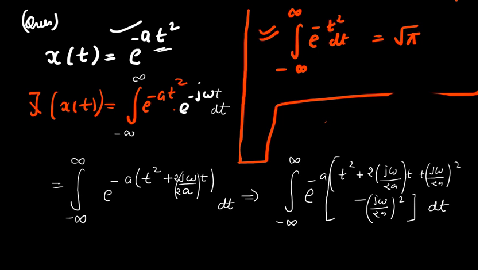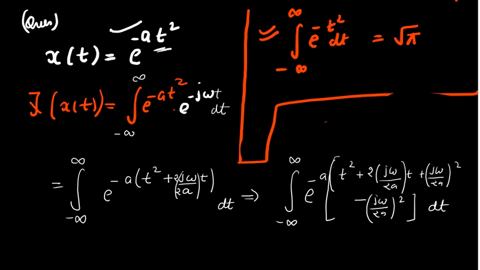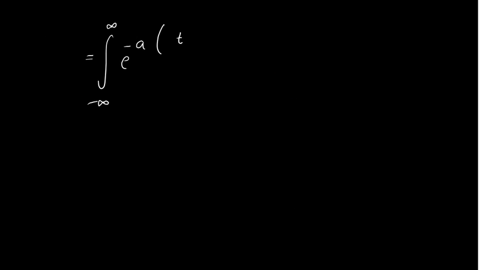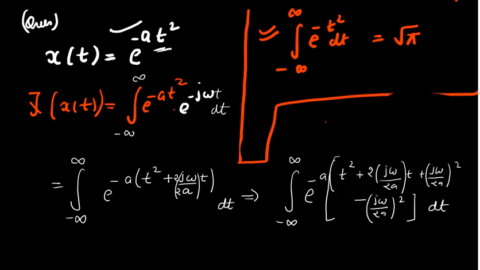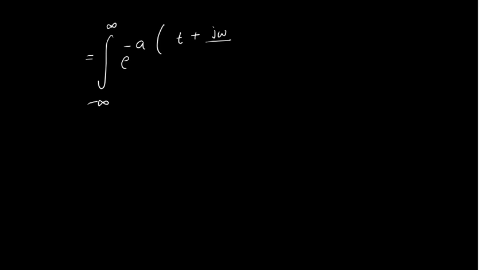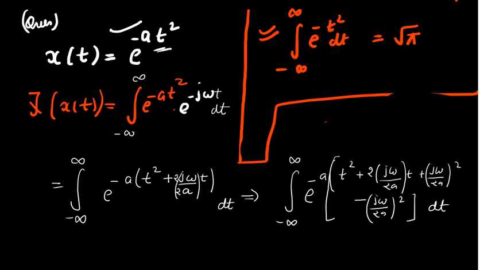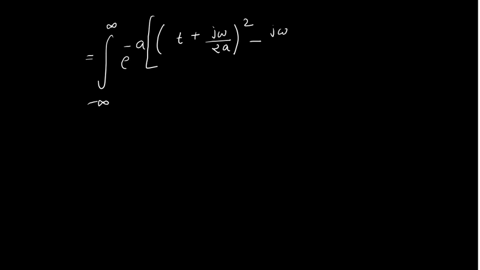So we can write this as e to the power minus a times t plus j omega by 2a, whole square, minus the square of j omega by 2a.